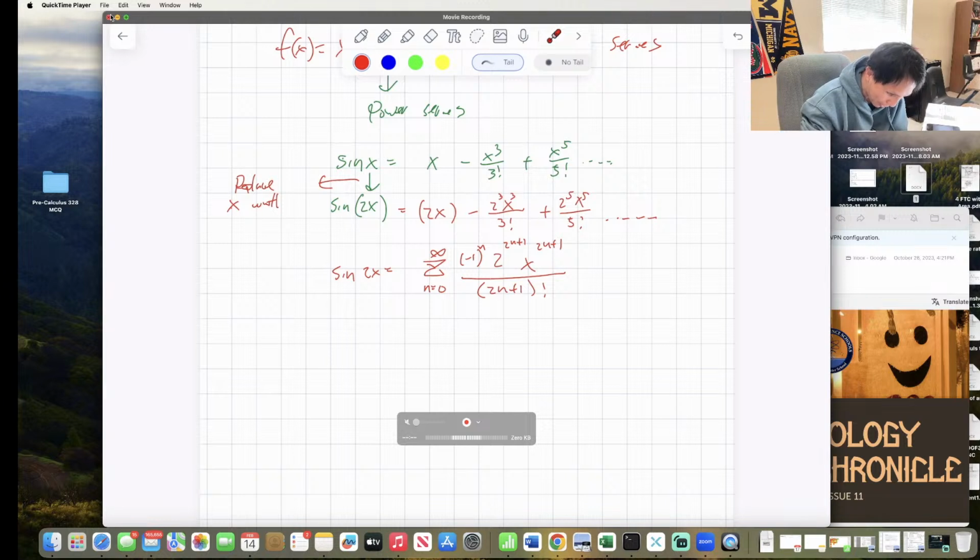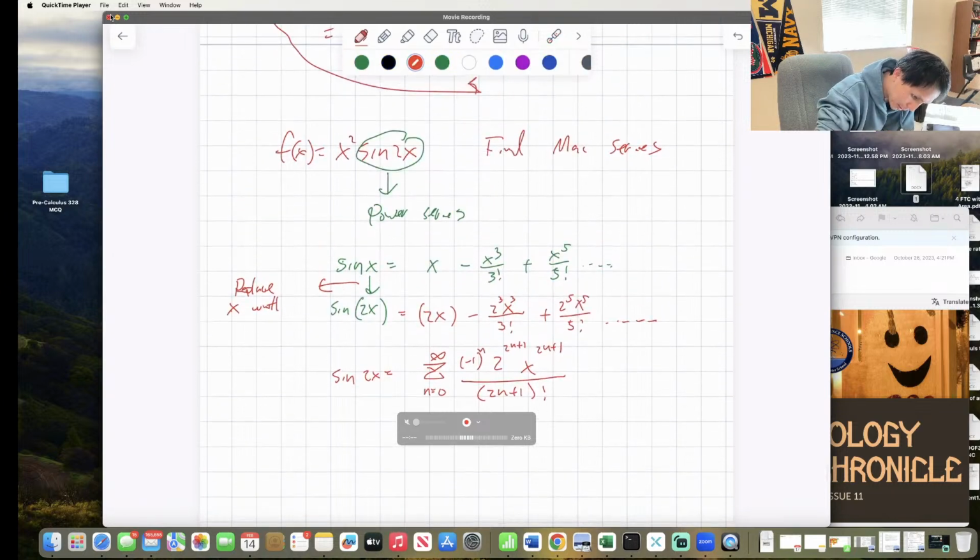Once you write a power series, then you can say, oh, okay, well, can I just multiply x squared on both sides? Because we want a Maclaurin series. This part is missing here. So I can insert it here and just multiply x squared on both sides.